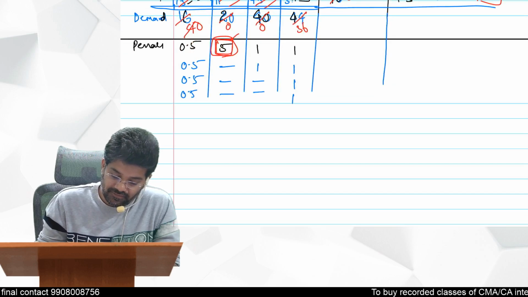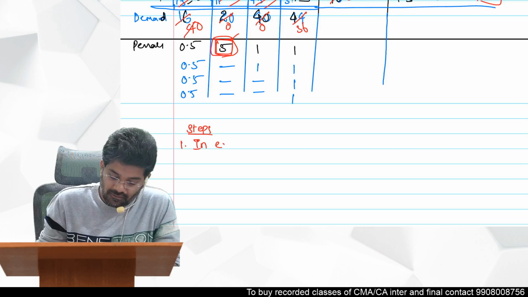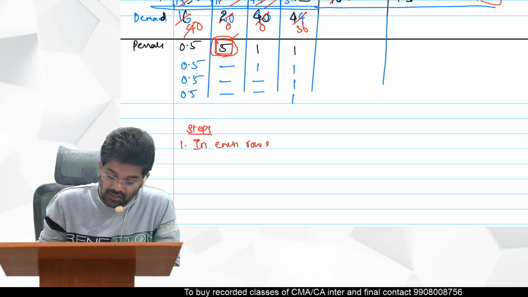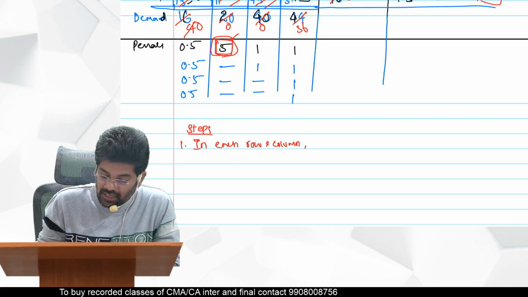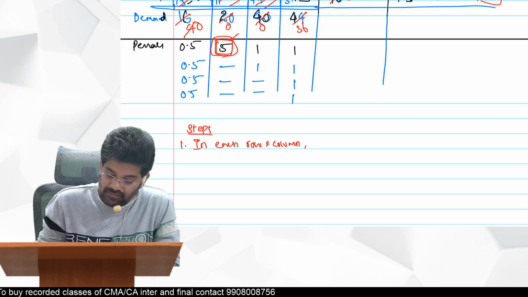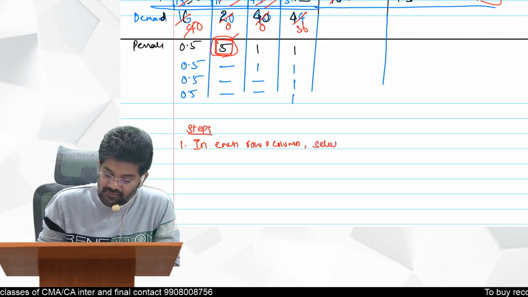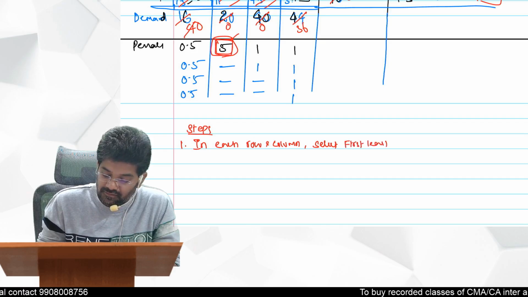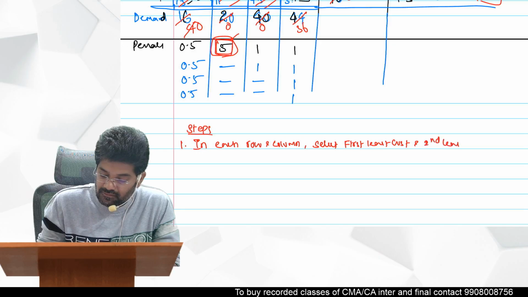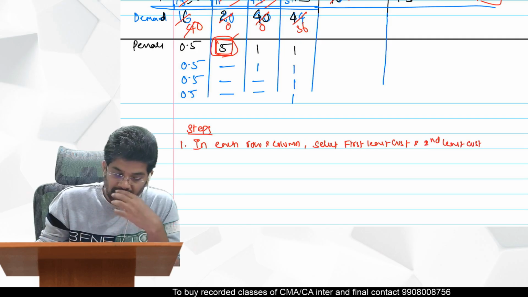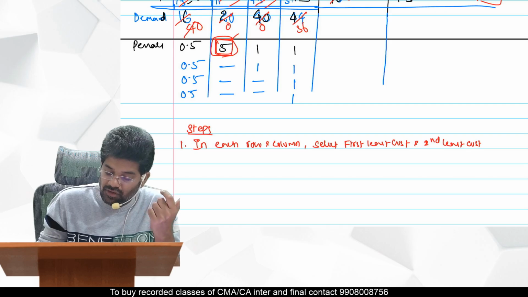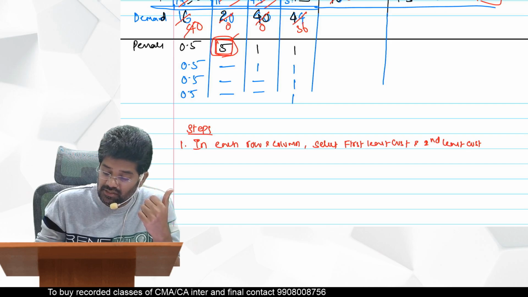In each row and column, calculate or select the first least cost and second least cost.